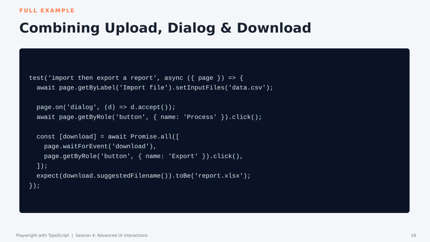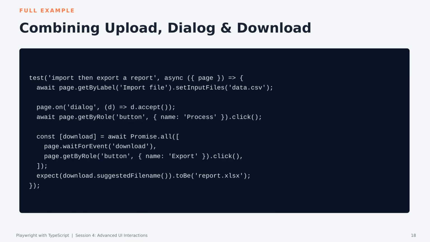Let's put everything from today together in one realistic complete example. A test called import then export a report. First, we upload a file using setInputFiles. Then we register a dialog handler that just accepts whatever comes up. Then we click process. Then using our Promise.all pattern from earlier, we wait for a download while clicking export.